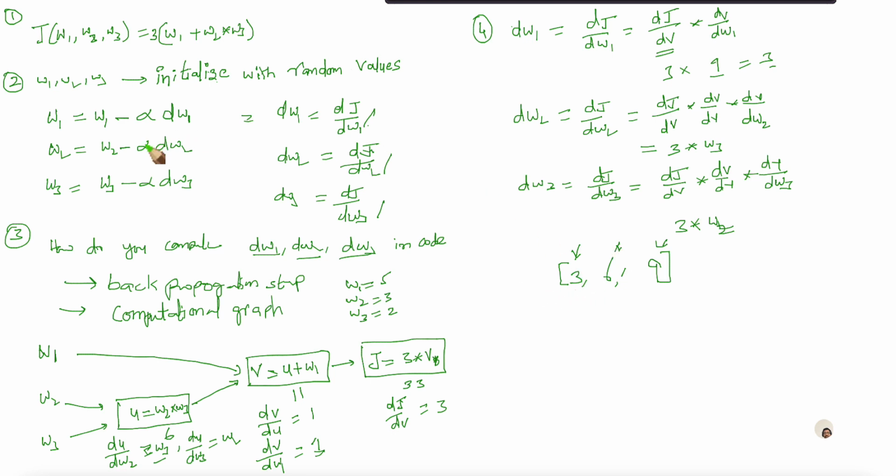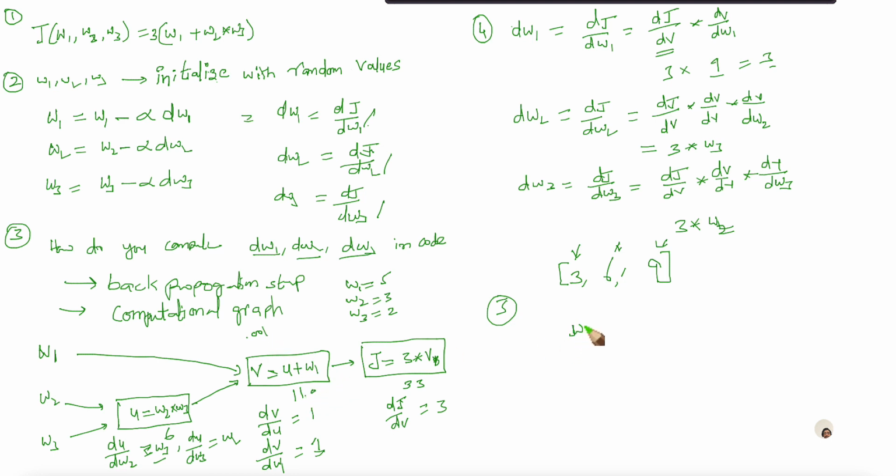So what does this mean? What does this dj by dw1 mean? It's essentially asking, if we change w by a little bit, how much will j change. Let's look at what happens when we change w by certain amounts.